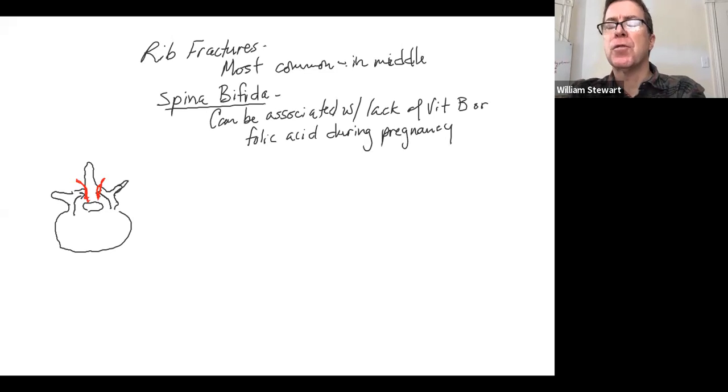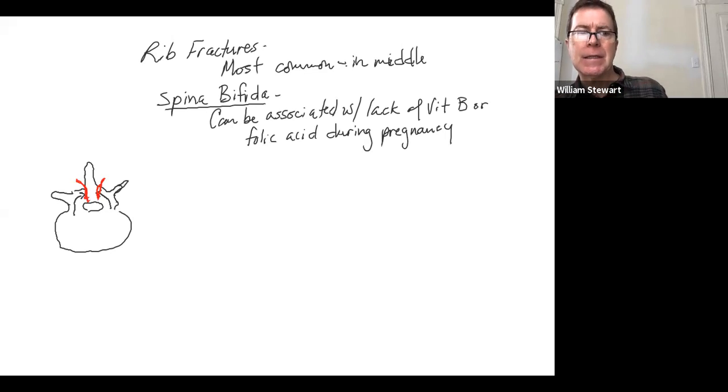There are different forms or different severities of this disease, of this fusion disease.